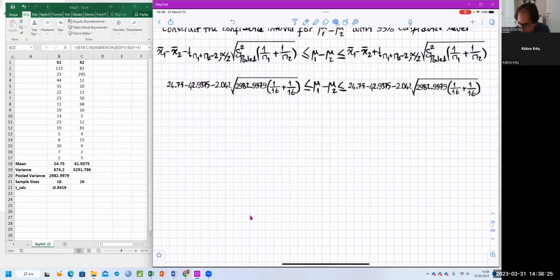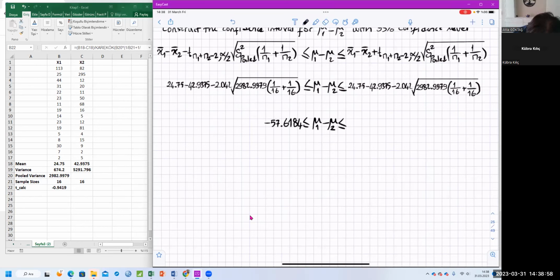The result is the lower bound is minus 57.6184. That's for mu1 minus mu2.